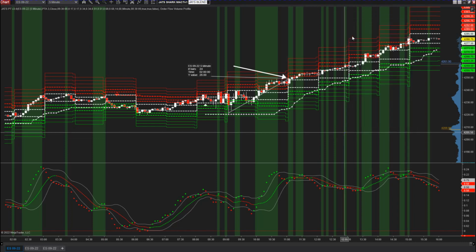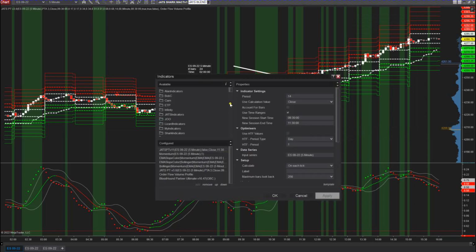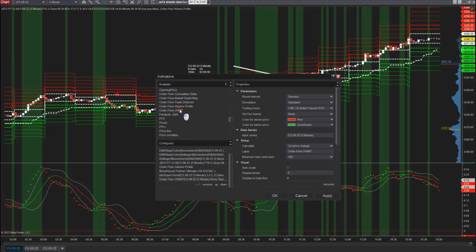I use VWAP as well, and I'll show you how I use the VWAP. You can get these tools from NinjaTrader, and the VWAP comes with a lifetime license as well as the order flow volume profile. But I'll put two instances on my chart.